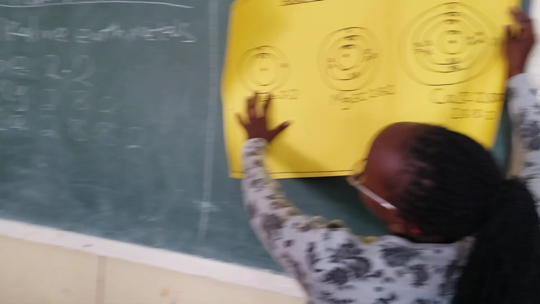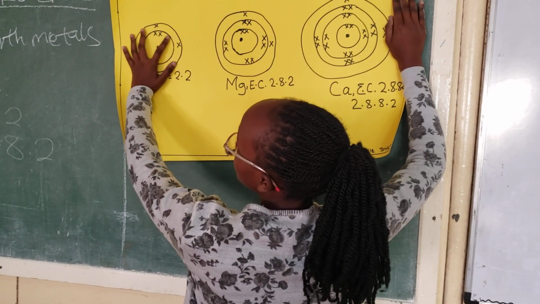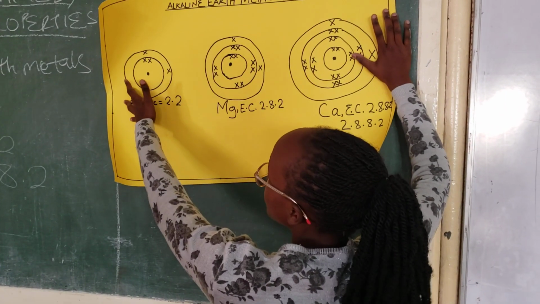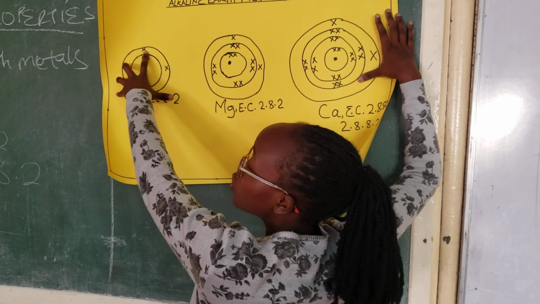Yes, that's good, Deborah. Deborah said that when you see their valence electrons for the three elements, beryllium, magnesium, and calcium, we have 2 electrons.